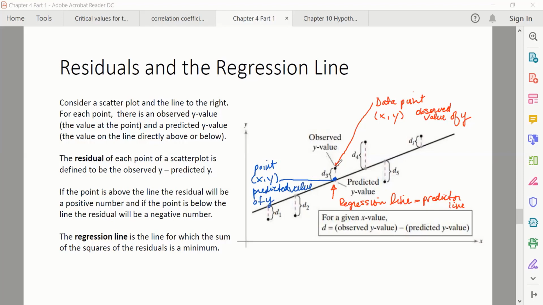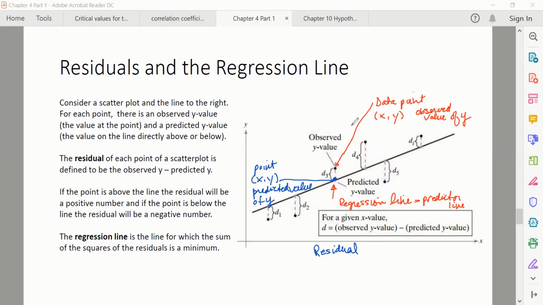So that length we call the residual. That distance is the observed value minus the predicted value. Okay, so let me pick an example.